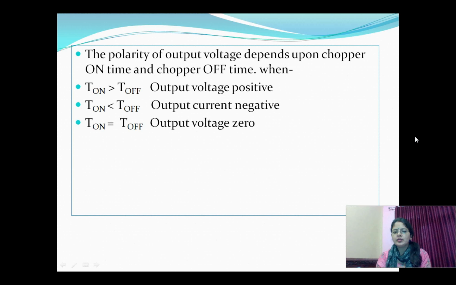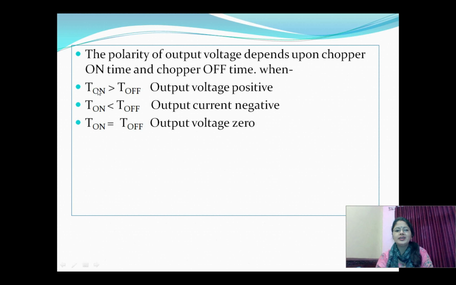The polarity of output voltage depends upon chopper on time and chopper off time. This time the polarity doesn't depend upon the inductor. Basically, there are three conditions.